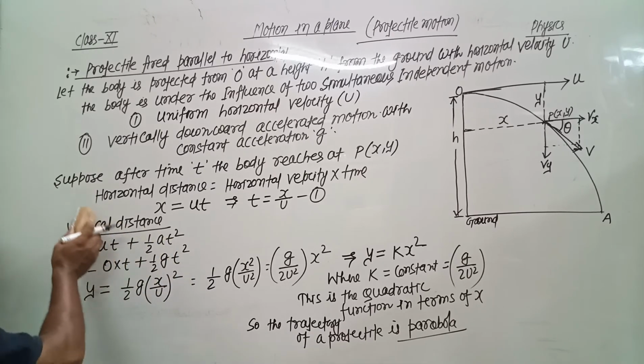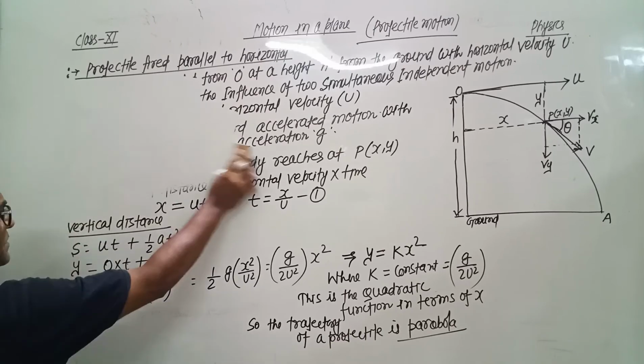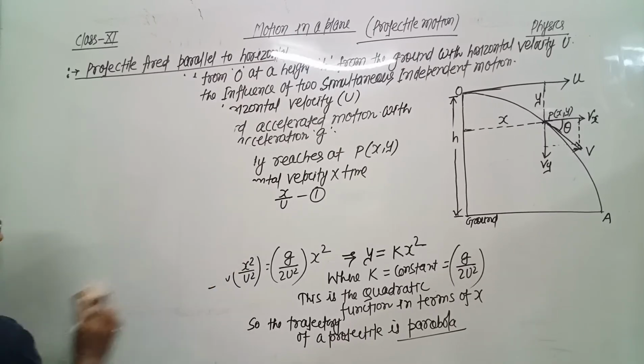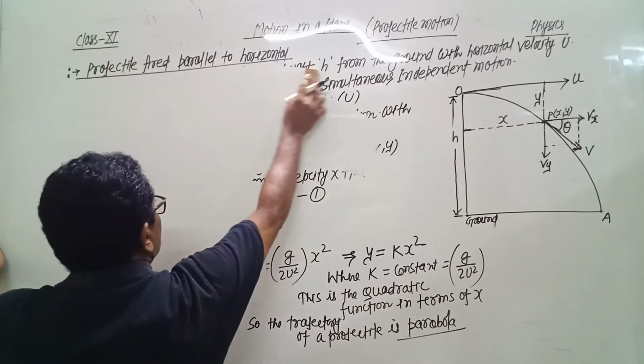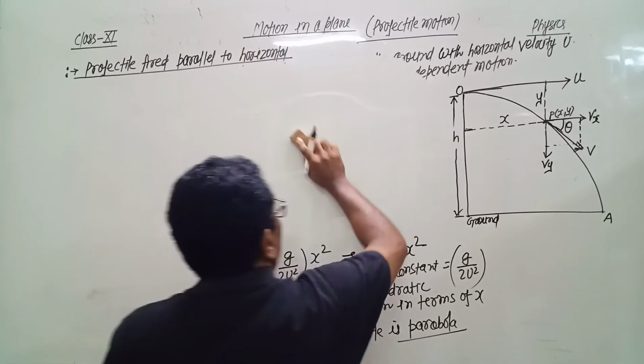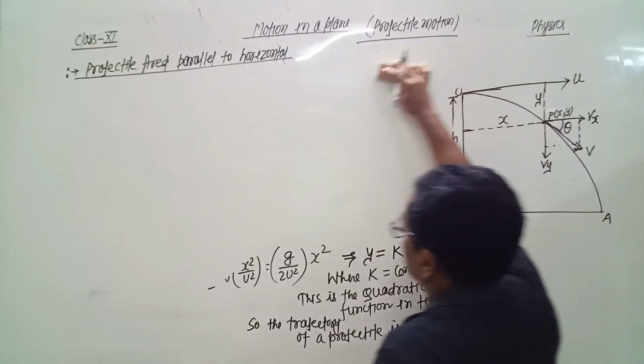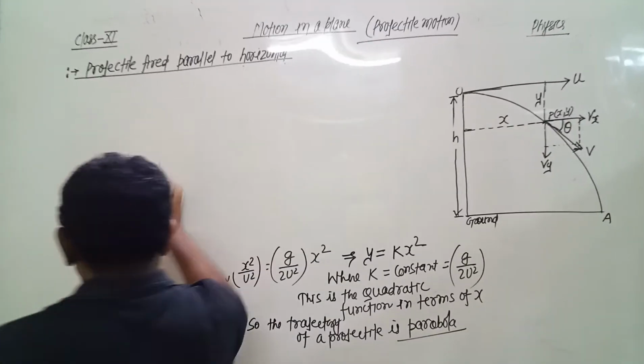Its nature is parabolic. This was the derivation for the expression of trajectory.